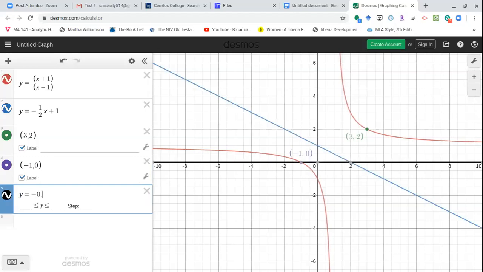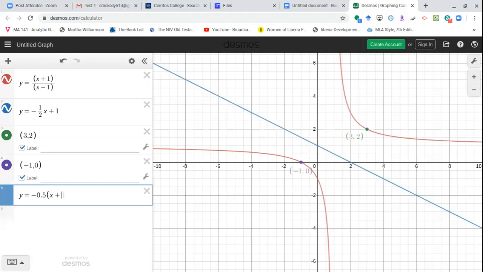I can do it the other way, but I don't quite know how to enter it all. Still learning about this, but it makes it really nice.